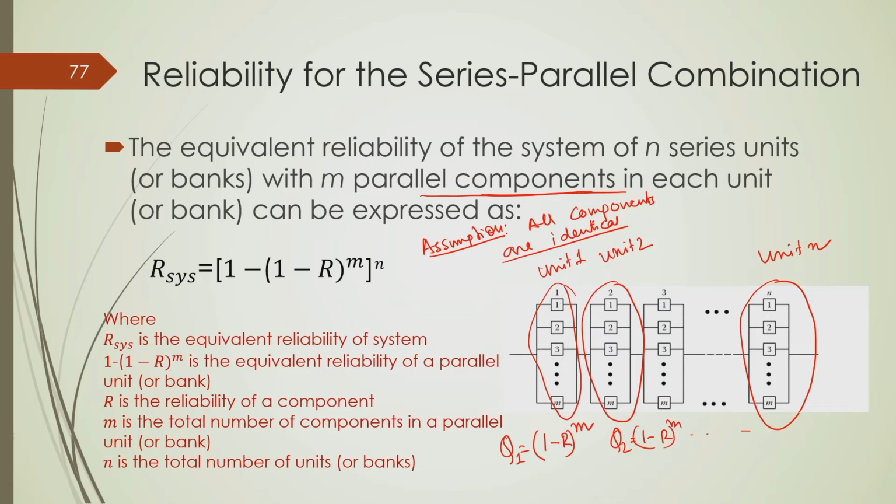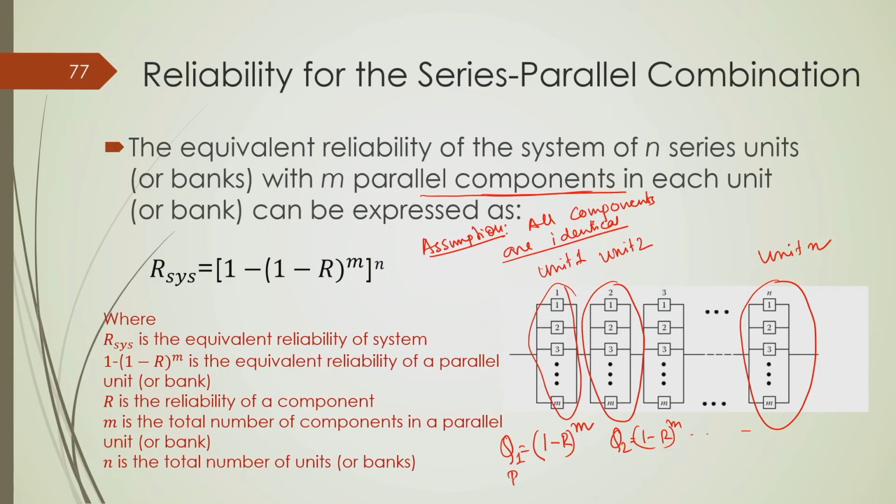Now, as we know, for n number of units connected in series, or when we have a system having n number of components connected in series, their reliability will follow this product rule. So, if q 1 is that much, then r 1 will be equal to 1 minus (1 minus r) to the power m, and this will be the same for n number of units.